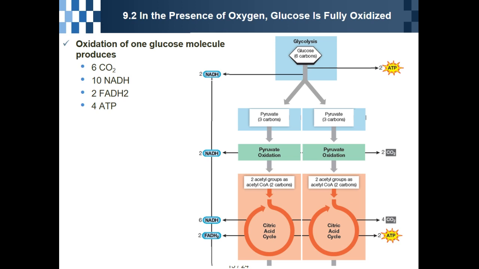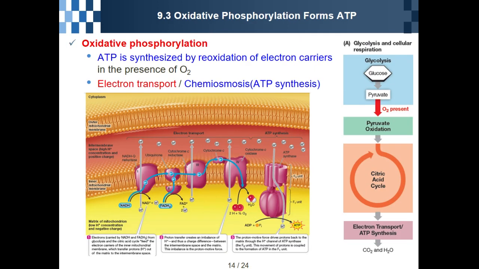The important thing is the 2 ATP, 2 ATP, 4 ATP. 6 carbon is changed to 6 CO2. And we have to memorize 10 NADH, 2 FADH2, it's like this. Okay, after that, now we will cover oxidative phosphorylation, this step.